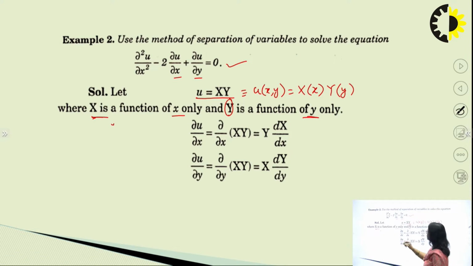In the given equation I require three derivatives. One is del 2u by del x square, another is del u by del x, and the last is del u by del y. So I'll find out all three of them. So del u by del x, considering y as constant, turns out to be Y dX by dx, that means Y dX/dx, and del u by del y, by the same process, turns out to be capital X dY by dy.